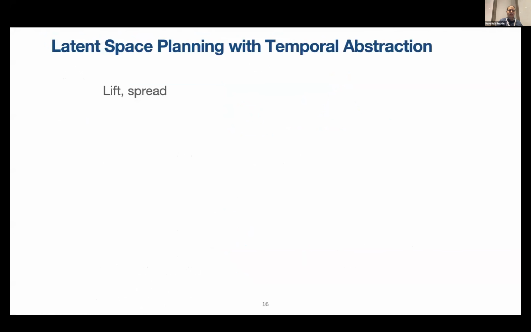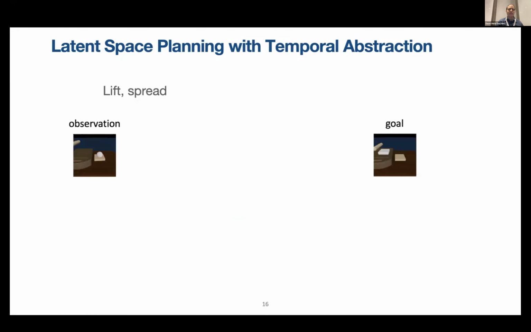Okay, so next we will use this neural representation of these skills to plan the sequence of steps to go from the observation to the goal. Initially, we will assume that we know the skeleton for the plan. So we'll assume that we know that we want to perform lift followed by spread.